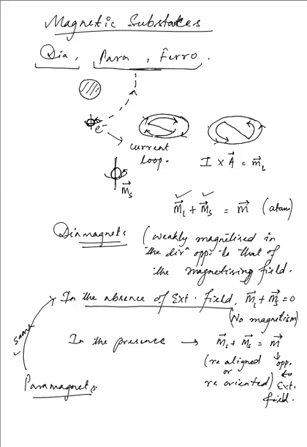That means there is no magnetic property shown by the paramagnets in the absence of the field. However, in the presence of the field, you do have a value M being equal to ML plus MS, but that is directed along the magnetizing field.